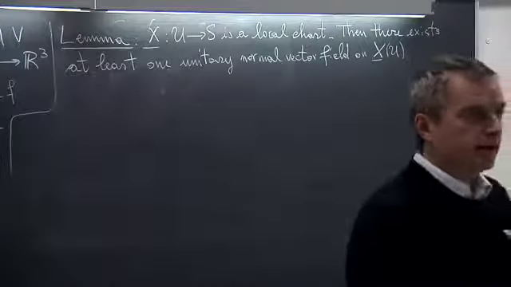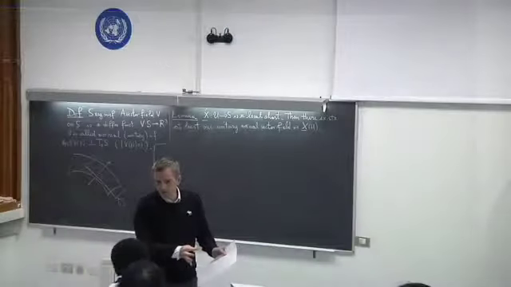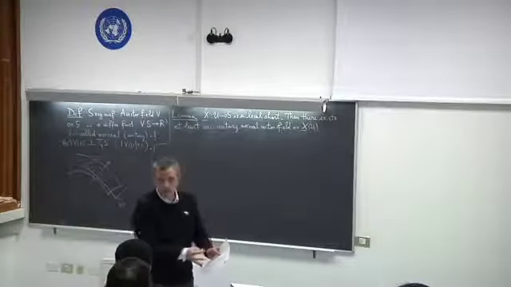Okay? Now, the part of the surface which is covered by a chart is by itself a regular surface. It's an open piece of a regular surface, so it's a regular surface.